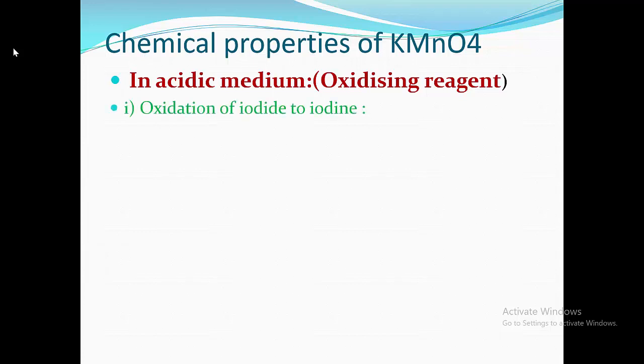Oxidation of iodide to iodine: when KMnO4 is treated with iodide, that is KI or any other iodide, in acidic medium, it gives I2 solution. The reaction is 2MnO4- + 10I- + 16H+ gives 2Mn2+ + 8H2O + 5I2.